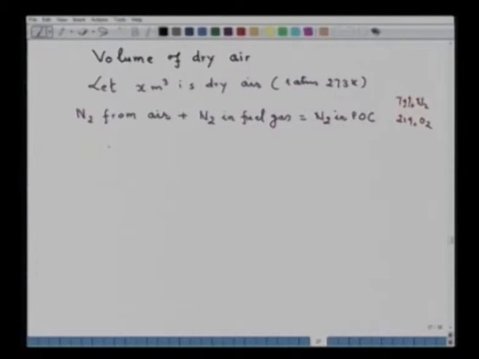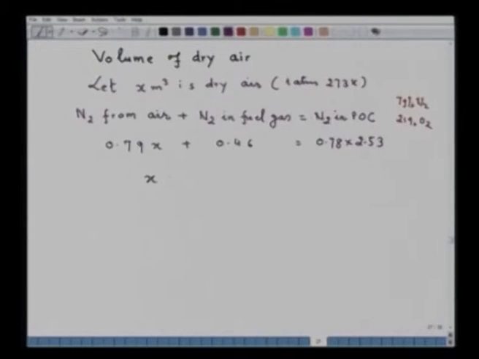So, I can straight away write down 0.79x plus 0.46, that should be equal to nitrogen in POC, which is given as 0.78 into 2.53. 2.53 is the volume of dry POC at NTP. So, from it straight away I can solve the value of x.